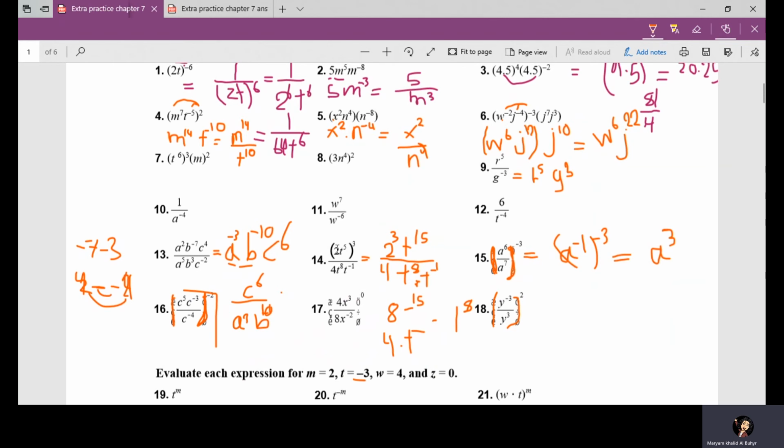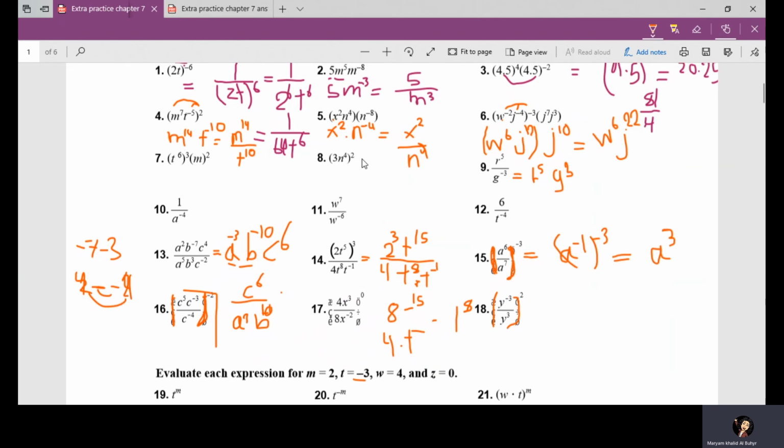So basically, once you have to simplify, first of all, look at the expression. Do you have a power raised to another power? I mean, do you have parentheses raised and on the top of the parentheses there is a power?